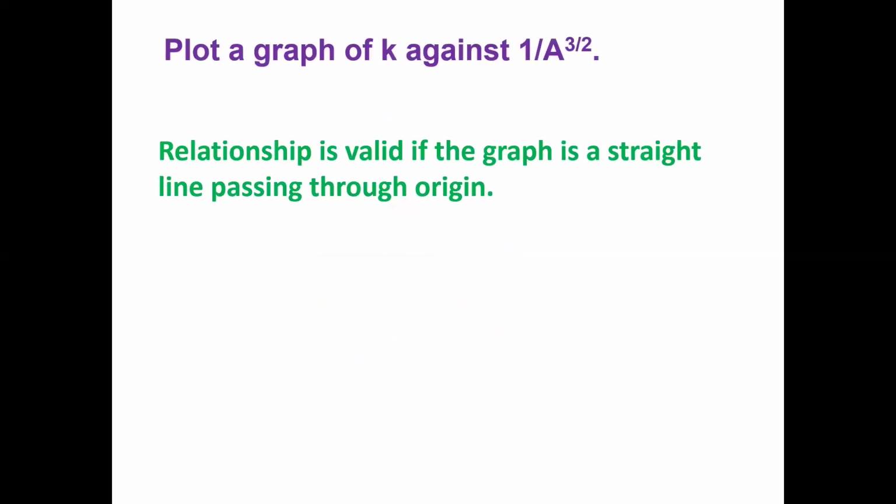Now, once you know that, plot a graph of K against 1 upon A, 3 upon 2. Relationship is valid if the graph is a straight line passing through the origin. How do I know it should pass through the origin?